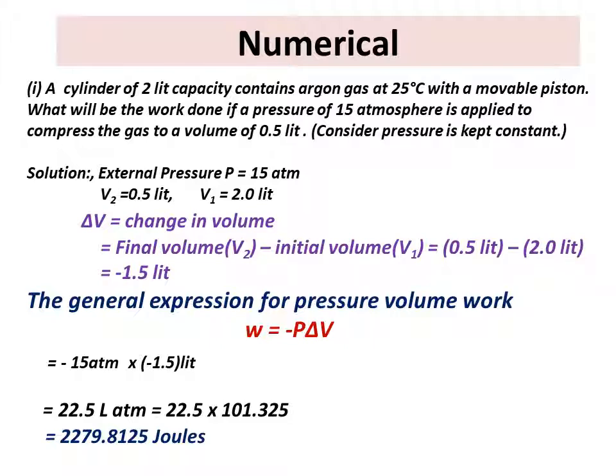So you have to be very particular about the sign, the numerical value and your units. While writing your final answer, you have to write the sign, positive or negative, then the correct numerical value, and then joule, the unit. If you write these three things correctly, you will get full marks.